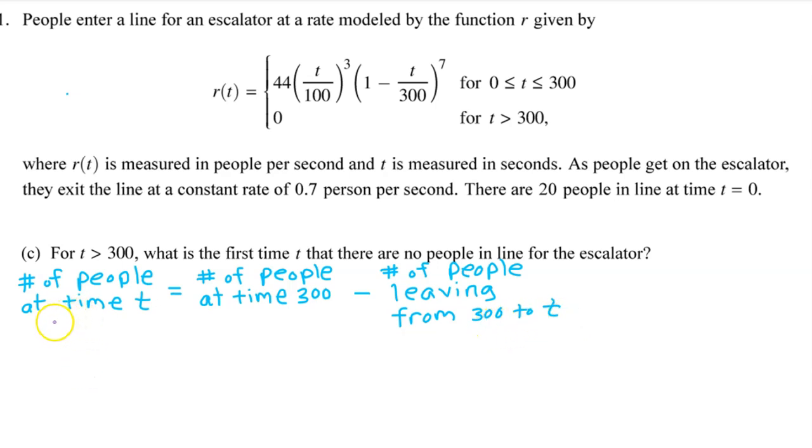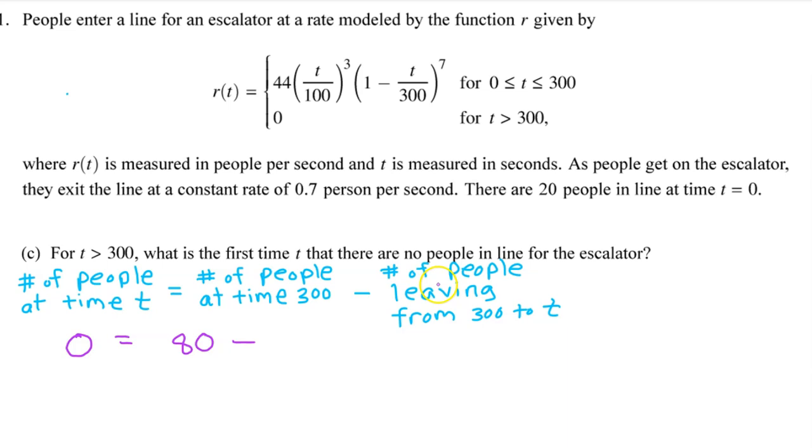We are looking for the time t when there are no people in line. So the number of people at time t will be 0. Back in part B, we found that the number of people at time 300 was 80. So we can go ahead and put 80 right here. We just need to subtract the number of people leaving the line from 300 to t.